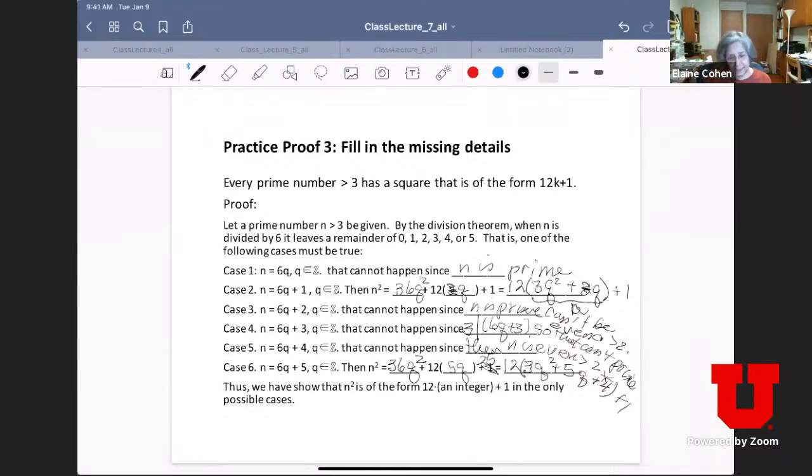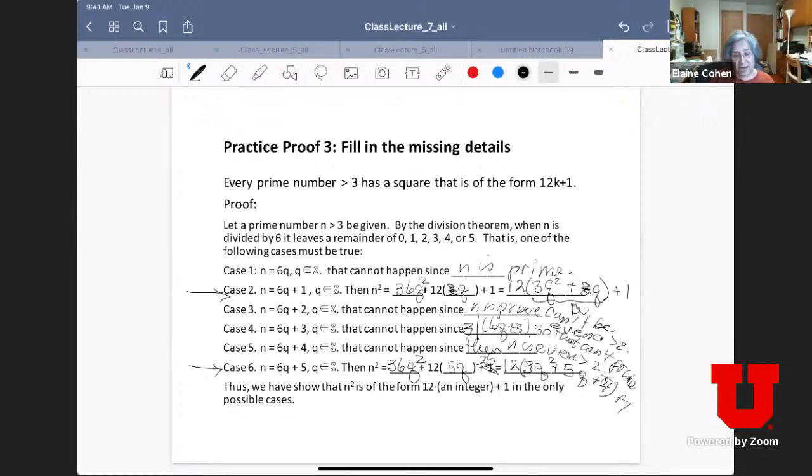And then it has the same form. So this case is possible, and this case is possible for a prime number greater than 3, because then its square is 12k plus 1.